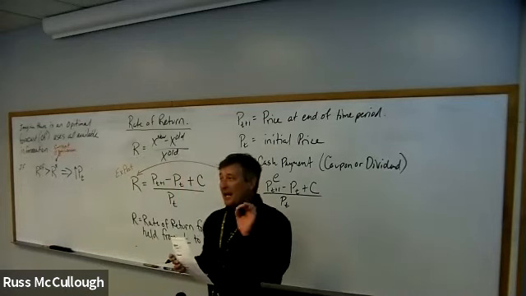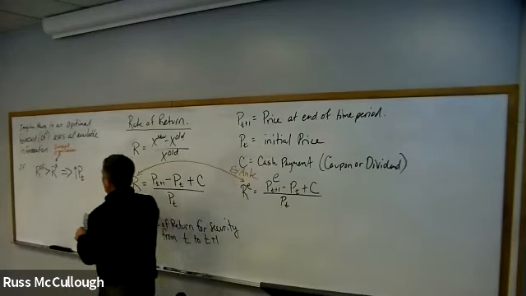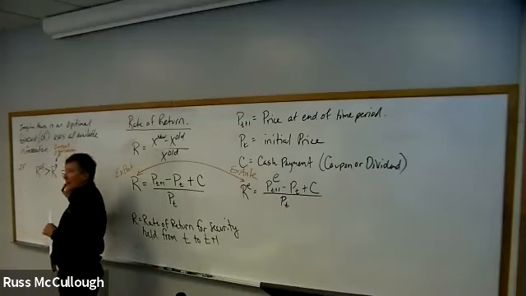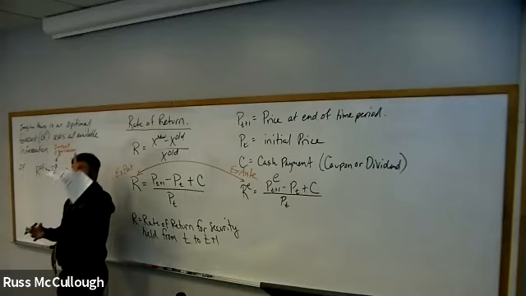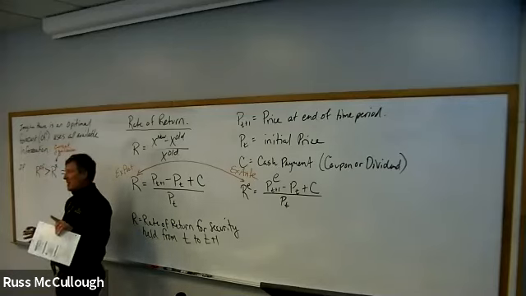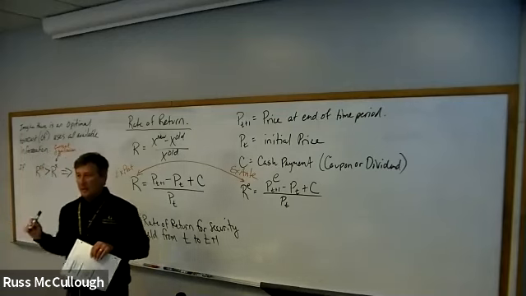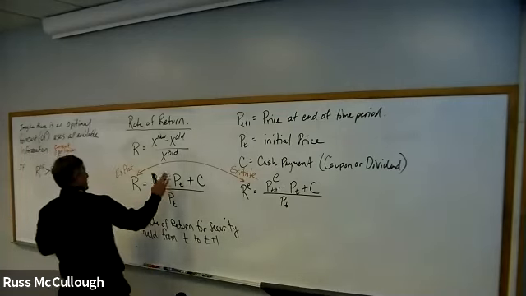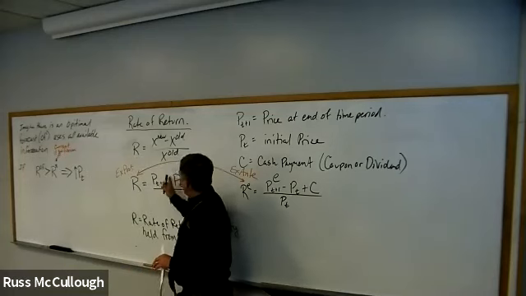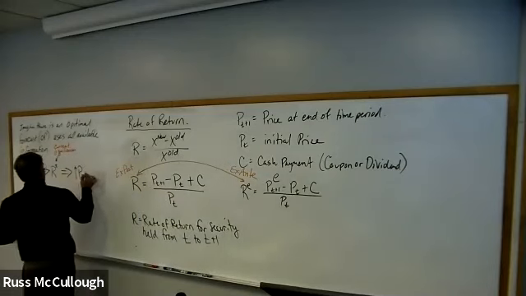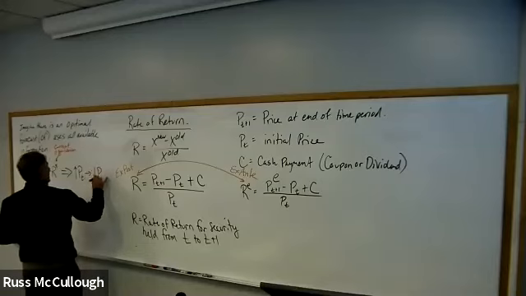So people are going to be buying the stock today because we've learned some information or whatever, the return seems to be higher. And so people are going to start buying the stock today. If people start buying the stock, it drives up the price, right? I won't even put in the supply-demand stuff here this time. So the demand goes up, price goes up, and what happens to the rate of return? It goes down. So if we go back to our formula here, if this is going up, the rate of return is going down. So an increase in the price leads to a decrease in the rate of return.